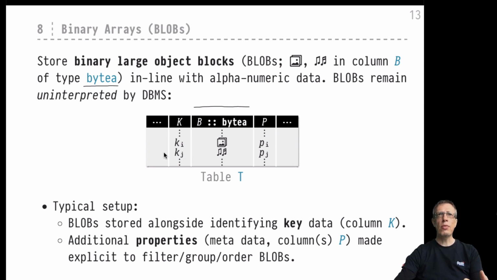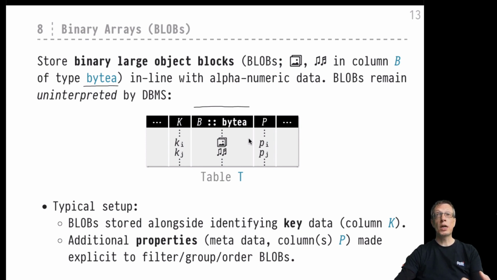Other metadata properties, like the length of a sound file, the X and Y dimensions of an image, and so on, would probably be better stored inside explicit property columns, indicated by the sample column P here. So you would use these additional key columns to locate a particular row in this table together with the embedded byte array, the binary large object block.